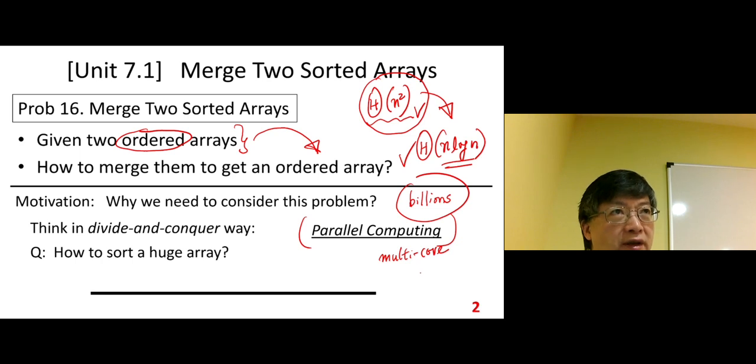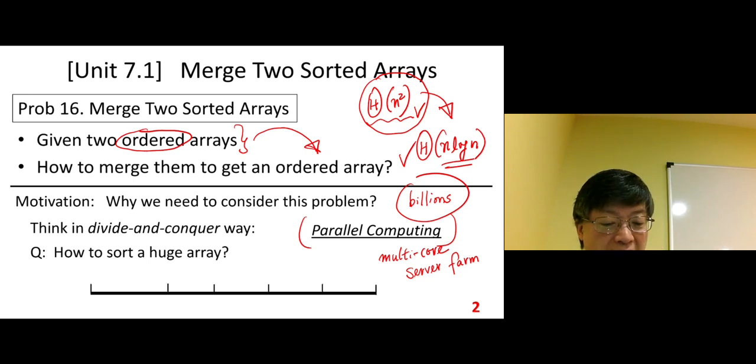Think about a server farm, with a lot of computers, parallel computing available. So can we use that resource to sort this huge array?